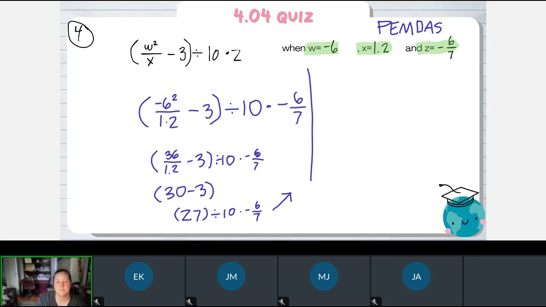Very good, Wesley. It's going to be 2 7/10. That's what 2.7 is equal to. And then we had it times -6 over 7. Or you can write the x if you would prefer that. Now let's just multiply. We have a positive times a negative.